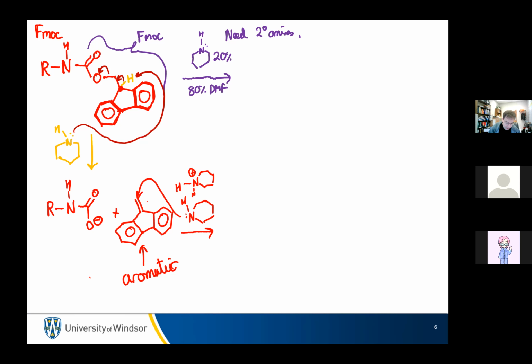So this nitrogen attacks there. Use a different color. And we just formed aromaticity, and now we break it again because it's aromatic, but it's not super aromatic. I attacked the wrong carbon.